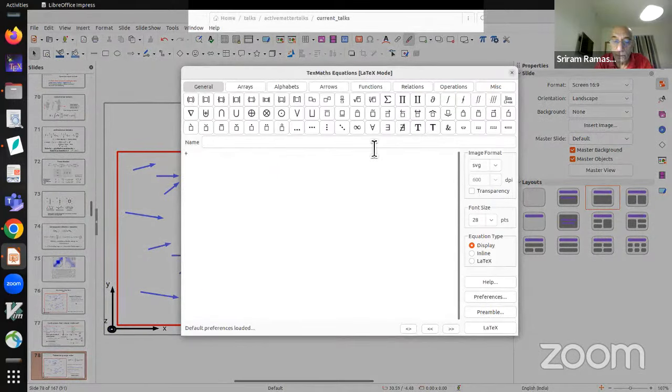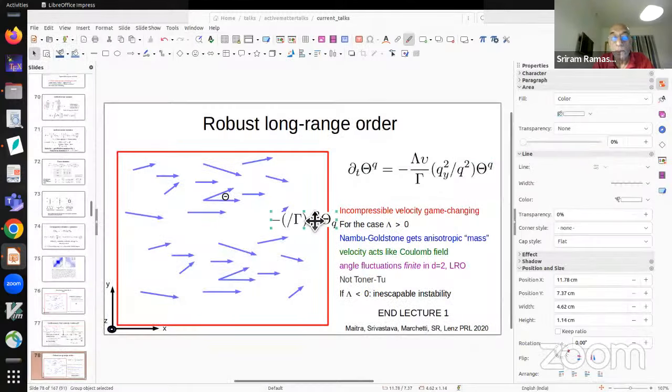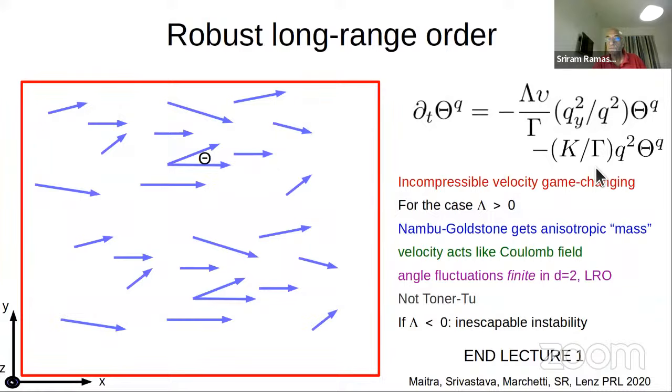Let's see what it looks like. Excuse me, no, something is wrong. So in other words, if I included the stuff from this free energy functional, that would contribute something at order wave number squared.